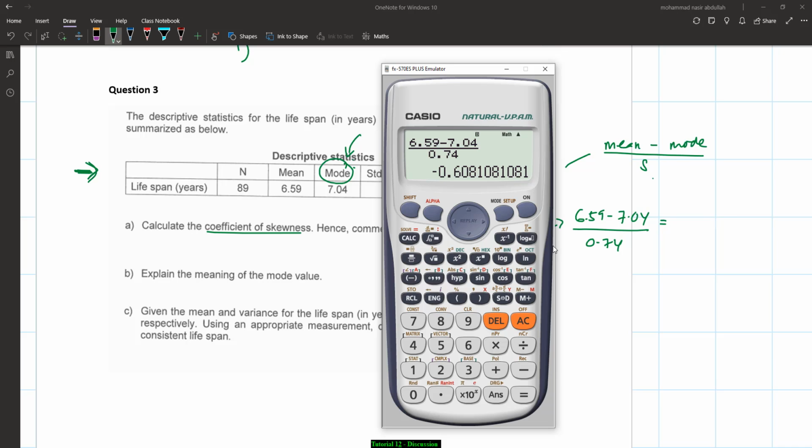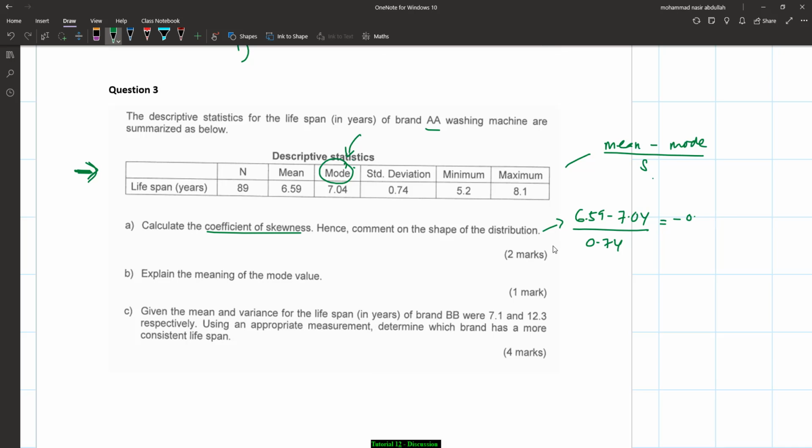This is negative 0.60. So since the value of coefficient is negative, we can conclude the shape of this distribution is skewed to the left distribution, right? So explain the value of mode, the meaning of mode value.